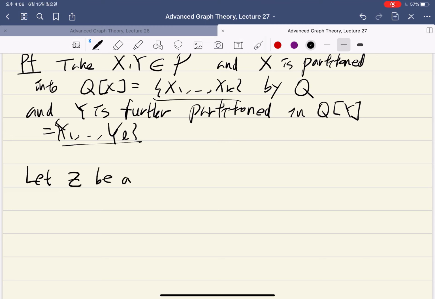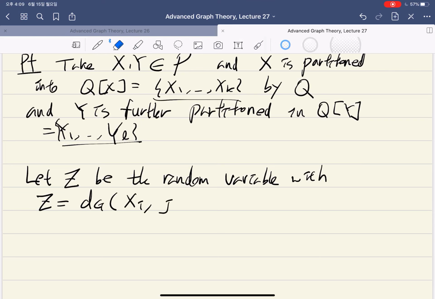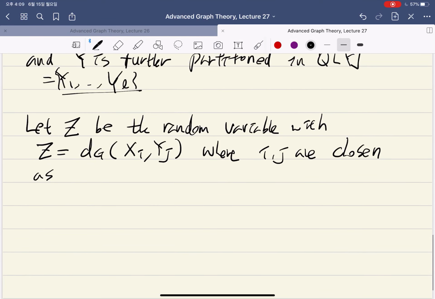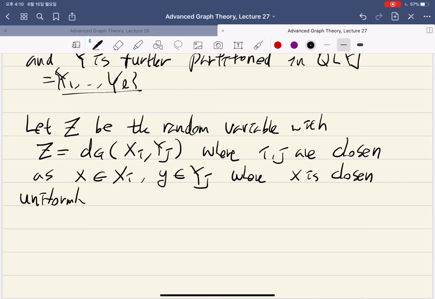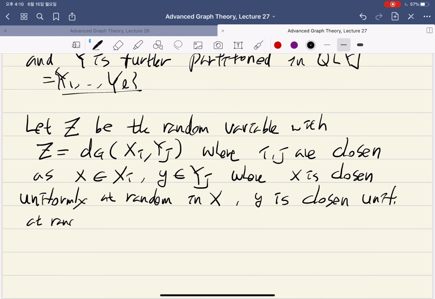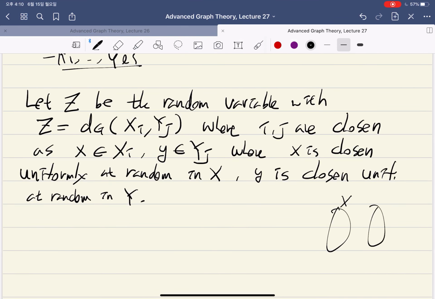And we define G to be the random variable, capital G, which is the average density between Xi and Yj, where i and j are randomly chosen as follows: x is inside of Xi and y is inside of Yj, where x is chosen uniformly at random in X, and y is again chosen uniformly at random in the set Y. So you have X and Y, which are further partitioned.